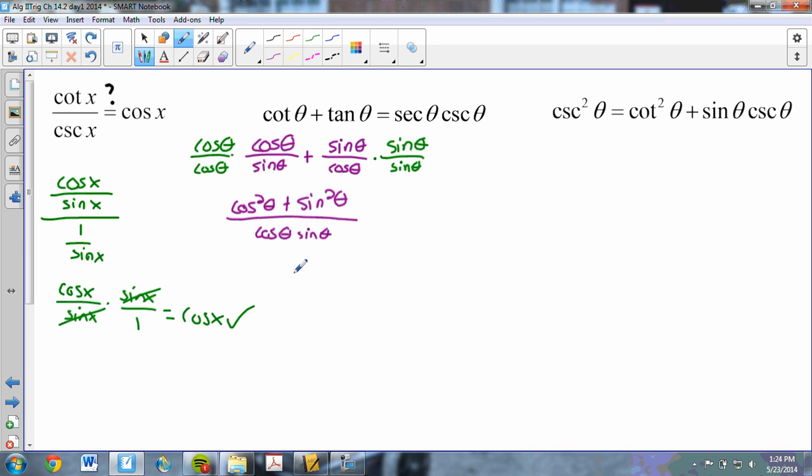Cosine squared plus sine squared is 1. 1 over cosine is secant, 1 over sine is cosecant. That's what we wanted. I could take this and turn it into this. This expression is the same as this.